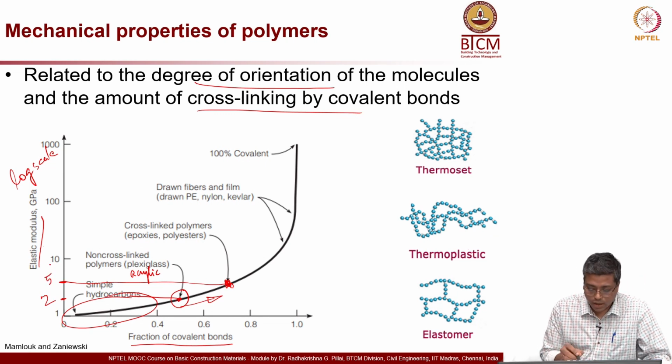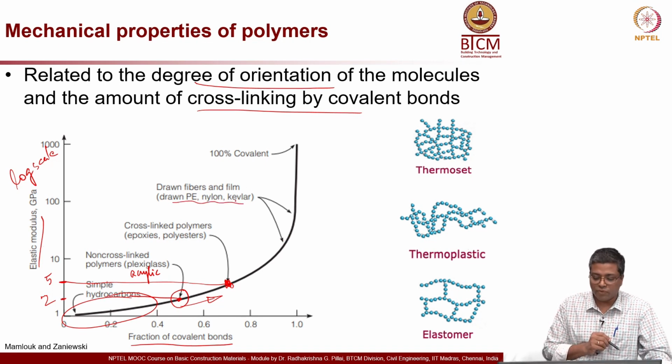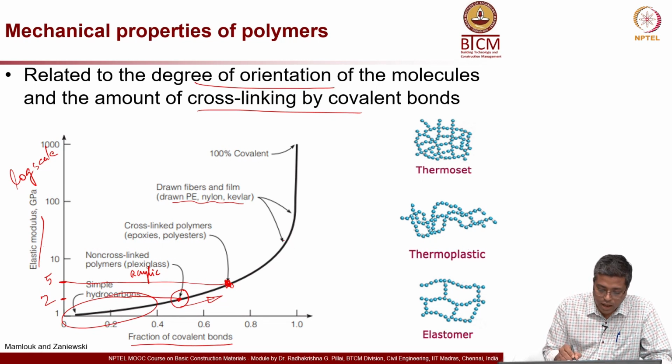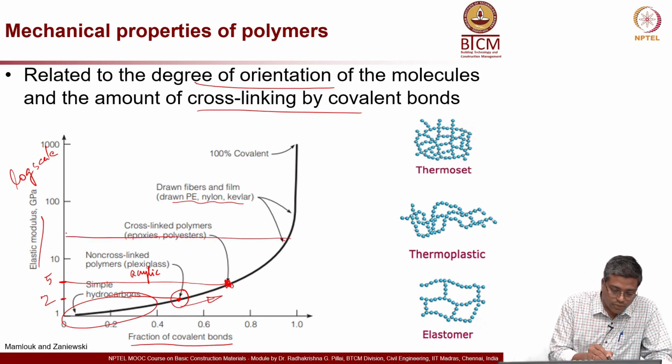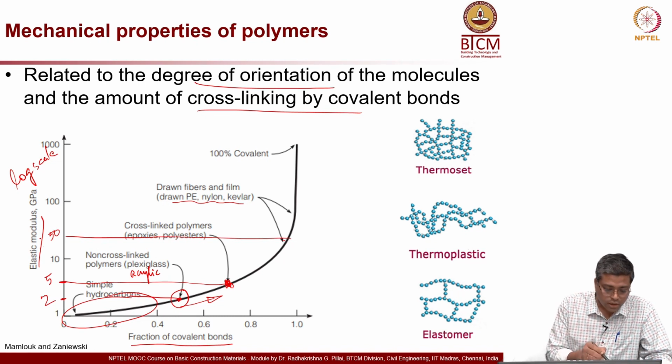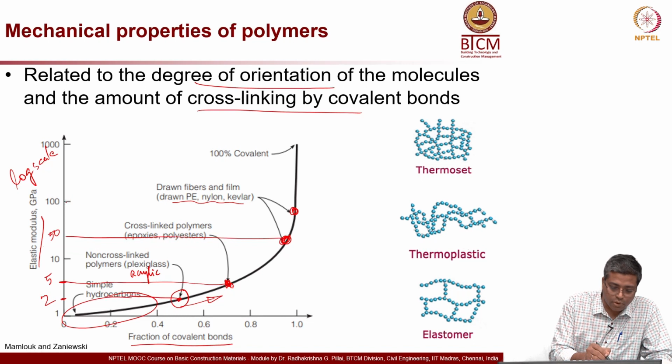Okay. Now, if I look at the other type of manufactured products, very high performance material, then I am seeing it goes even, this could be about 50 in the log scale. So, you see from 5 it is about a 10 times increase from here to here. Now, it is not only 50, you have also very high about 100.